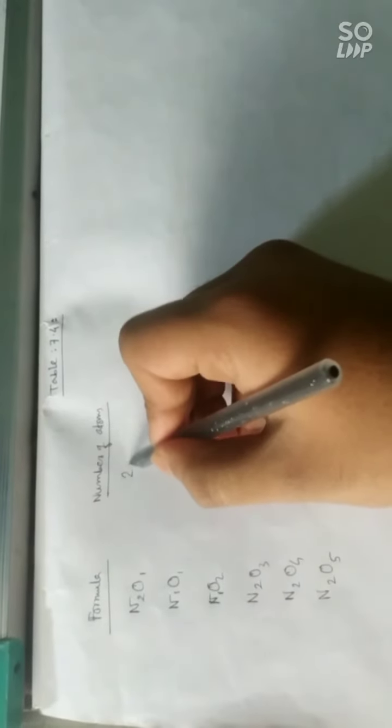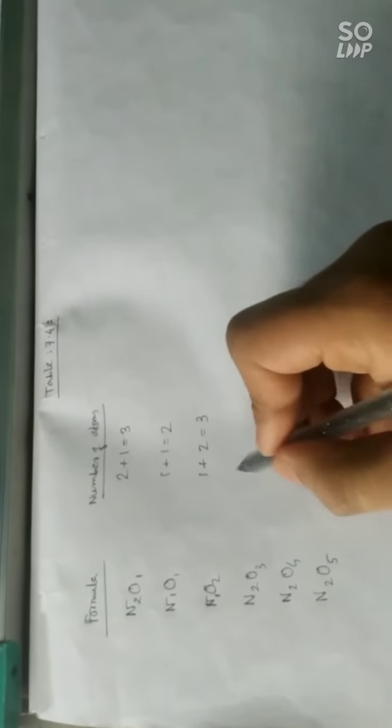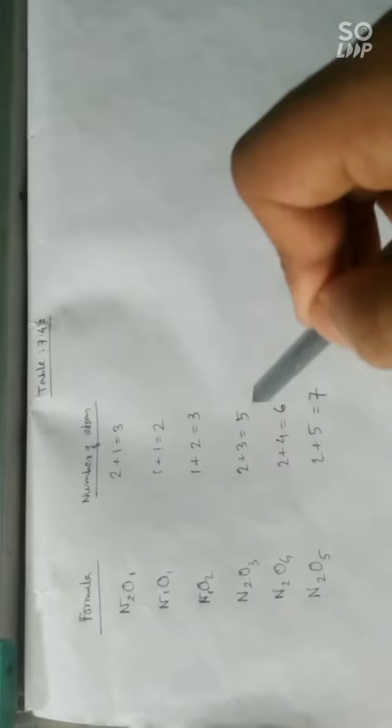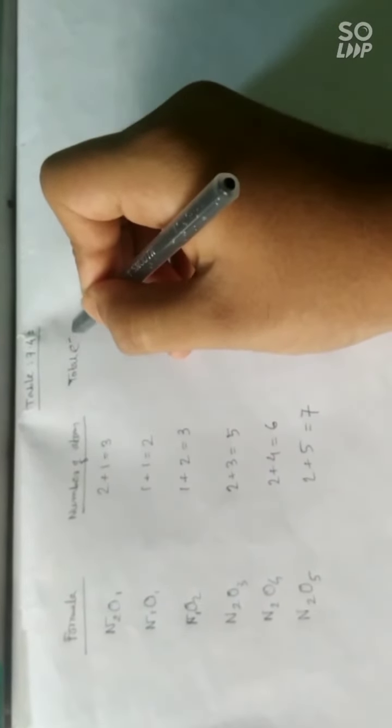Number of atoms is 2 plus 1, 3. 1 plus 1, 2. 1 plus 2, 3. 2 plus 3, 5. 2 plus 4, 6. 2 plus 5, 7.